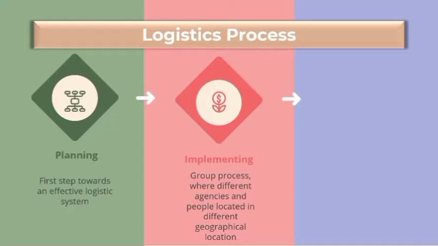Implementing. This is the second step of an effective logistics system. Implementation of a logistics plan is a group process where different agencies and people located in different geographical locations have to coordinate their activities with each other.